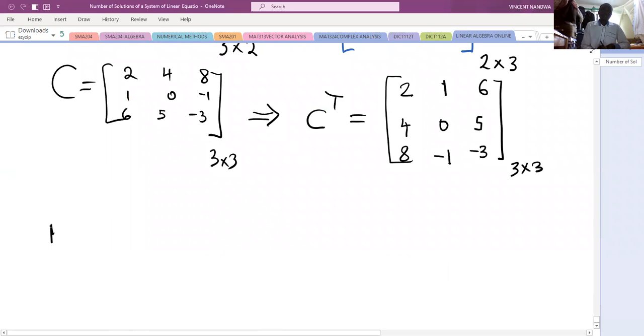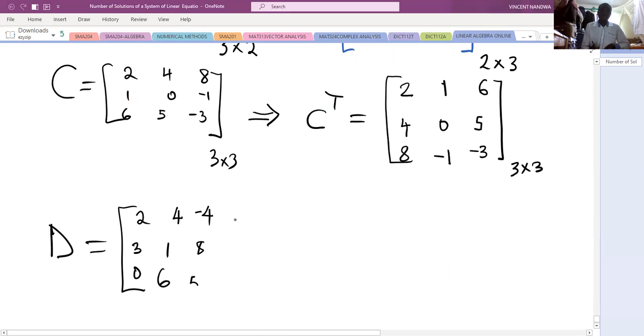And then if I have D given by 2, 4, 3, 1, 0, 6, 4, 8, let me say minus 4, 5, 1, say minus 1, minus 2, 9.